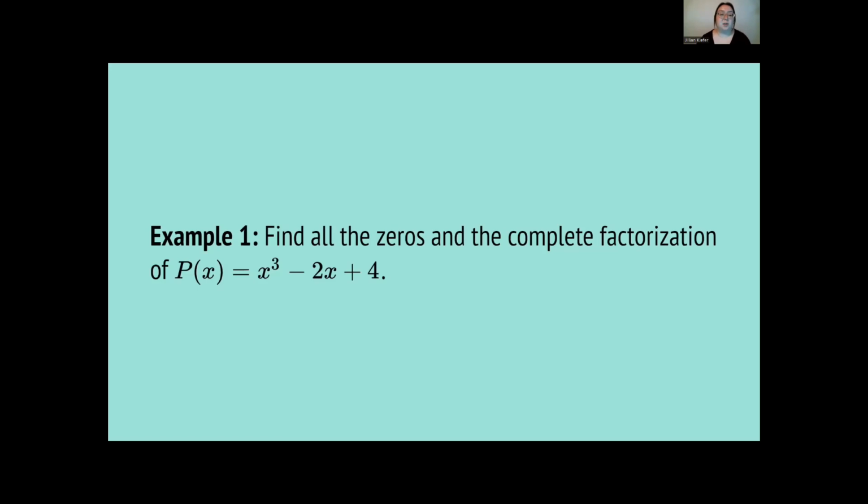Since this is a polynomial of degree 3, we're going to have 3 zeros, which also means we're going to have 3 factors, 3 of those x plus or minus a number. So let's go over to our notes to begin working on this problem.